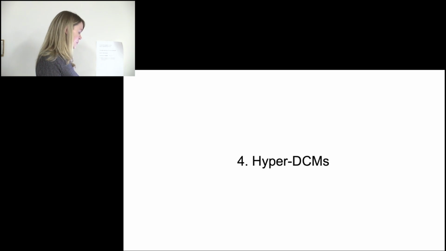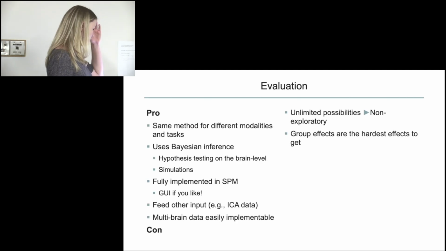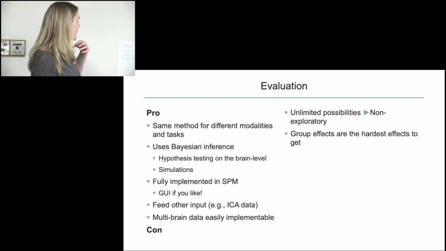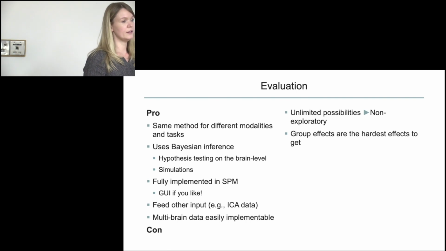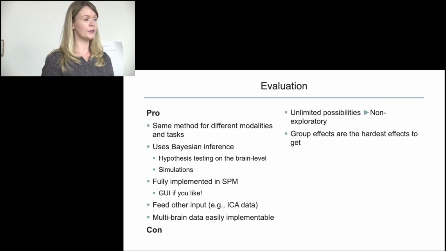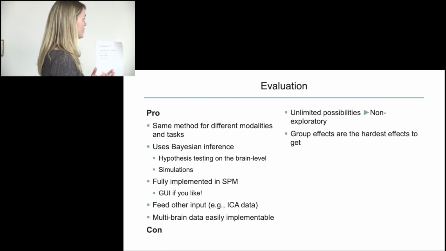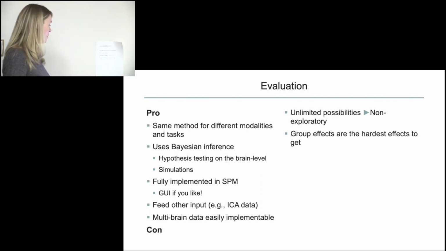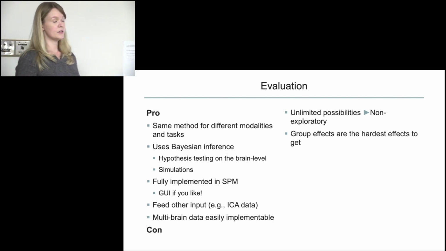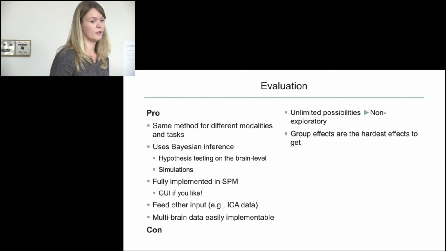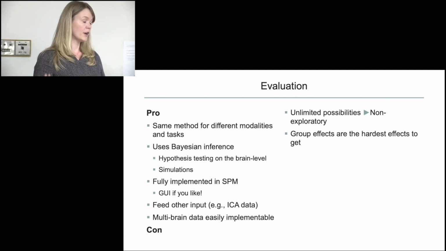I will show you some of the problems and what it looks like. Some of the advantages of DCM are that once you have your neural model, it doesn't matter what type of modality you're doing hyperscanning with or what type of task you have, you can always work with the same models. A huge advantage is that we use Bayesian inference and the free energy principle.